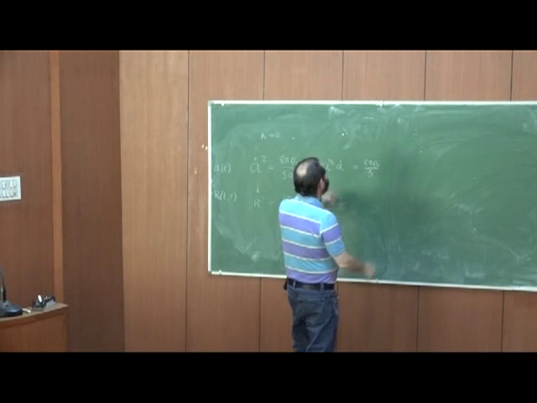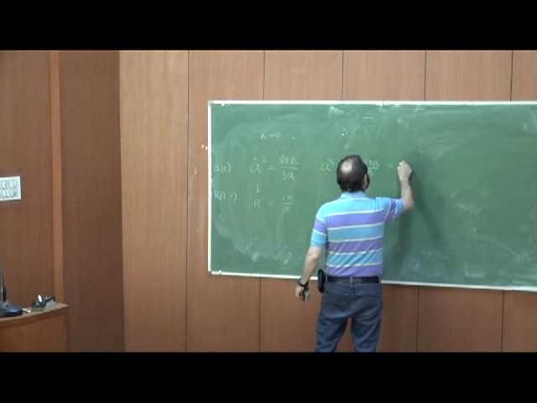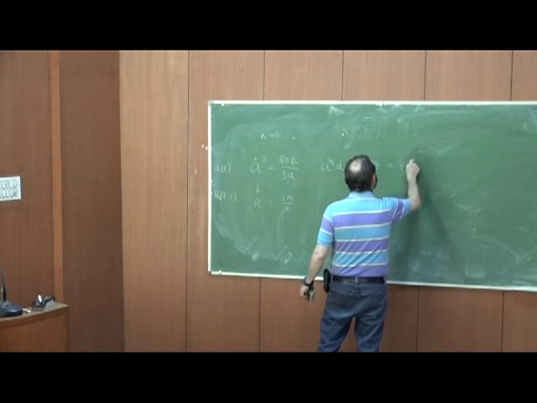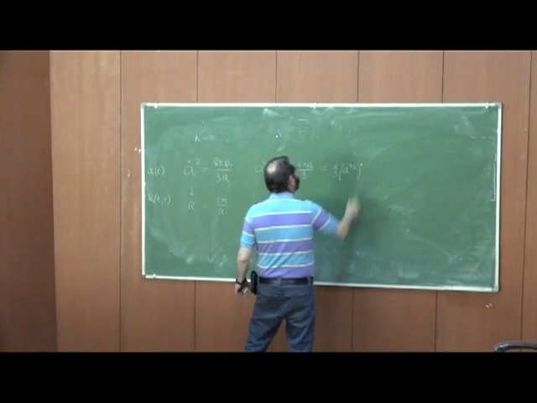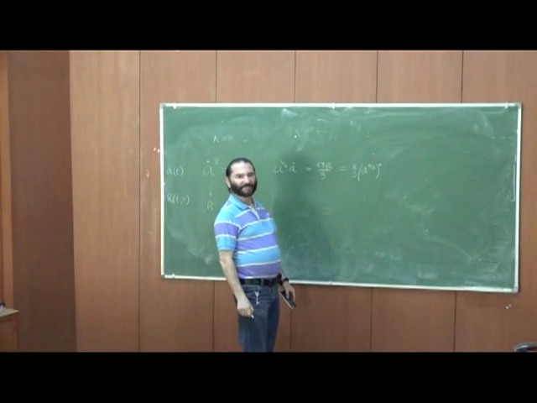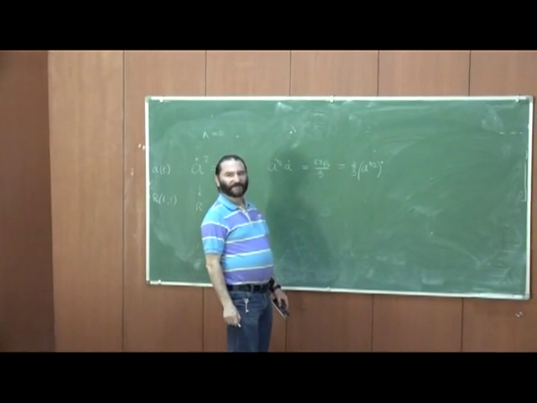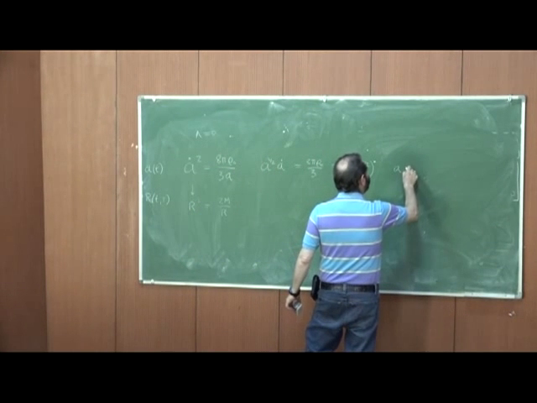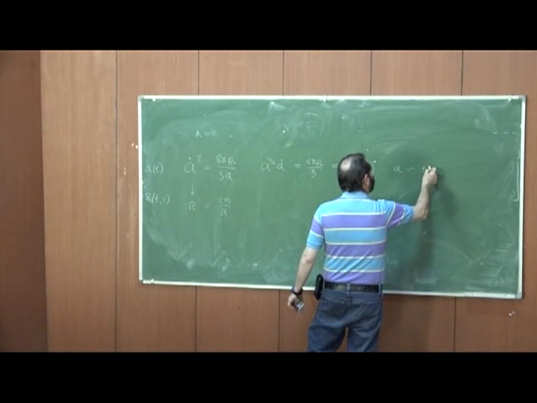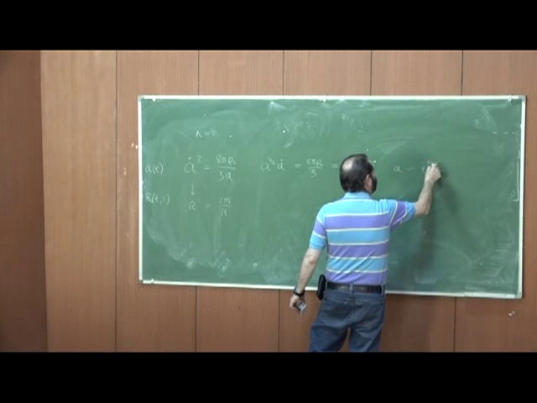And this is simply, see, then everything follows. What you get is something like A proportional to t to the 2/3.